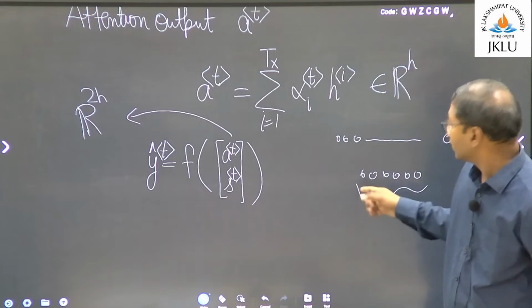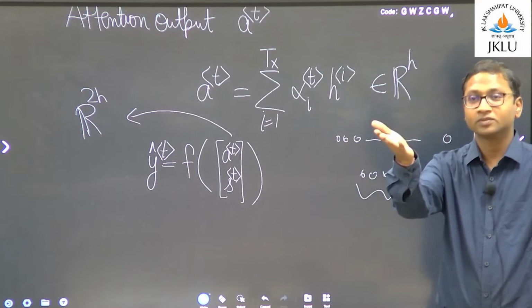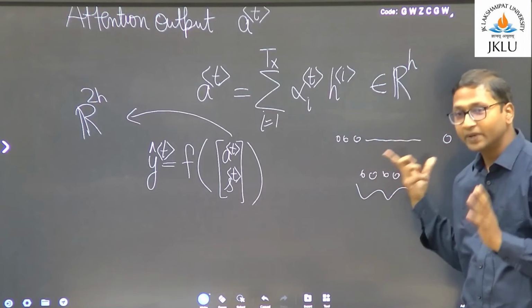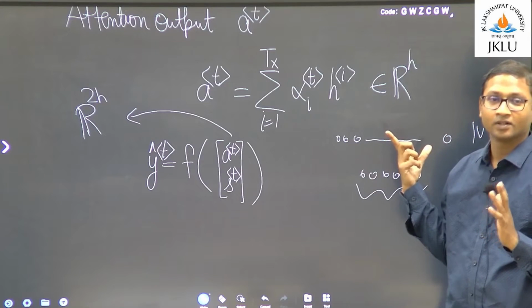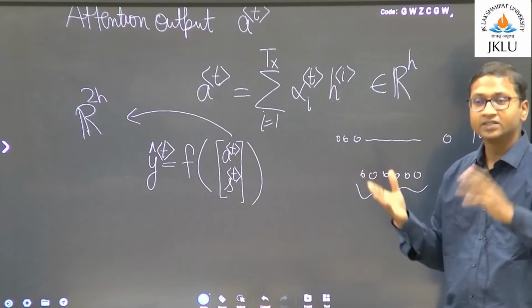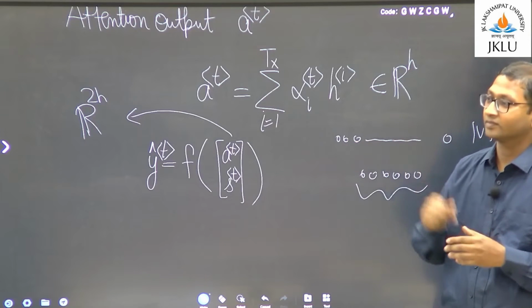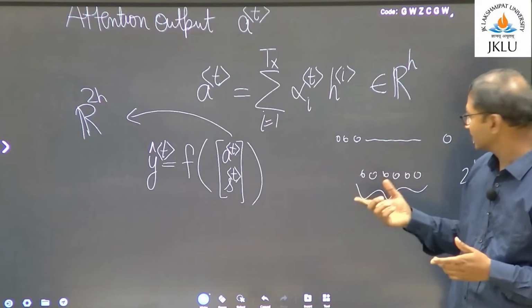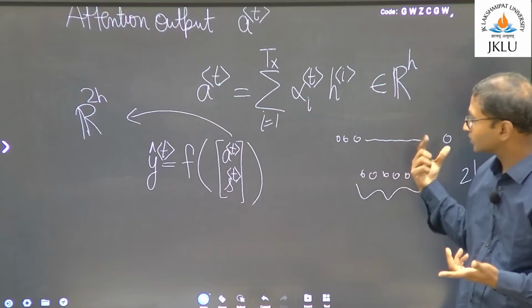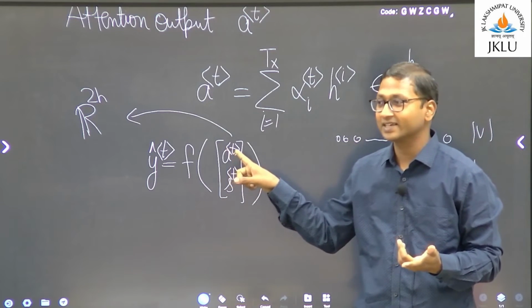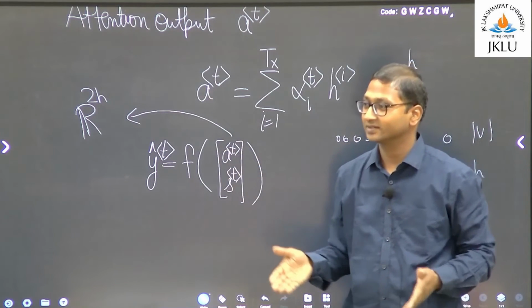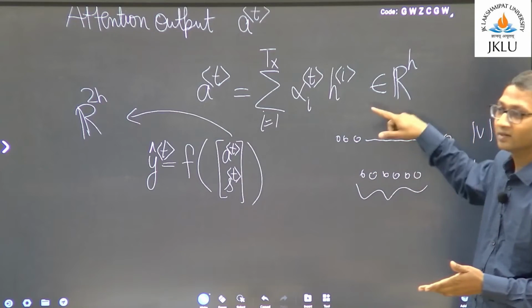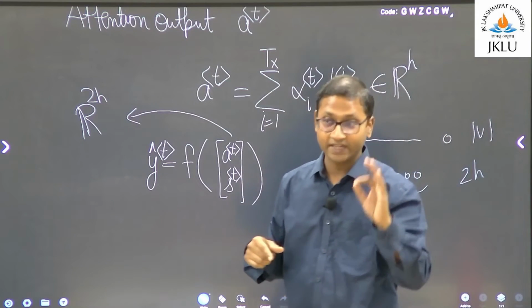So let's say this was really a big deal. As a deep learning engineer, what will you do? You will say, look, this is increasing too much complexity. I will not concatenate this, I will just add up these guys, and then H here, mod V here, without any change.